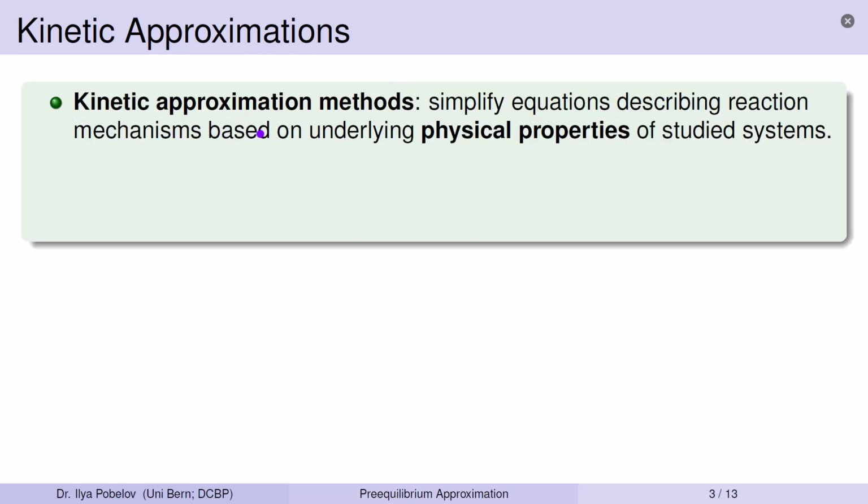To address the challenge of complex reaction mechanisms, we often resort to kinetic approximation methods. The main idea of these methods is to simplify equations describing reaction mechanisms based on underlying physical properties of studied systems. This strategy distinguishes them from mathematics-based methods mentioned before.